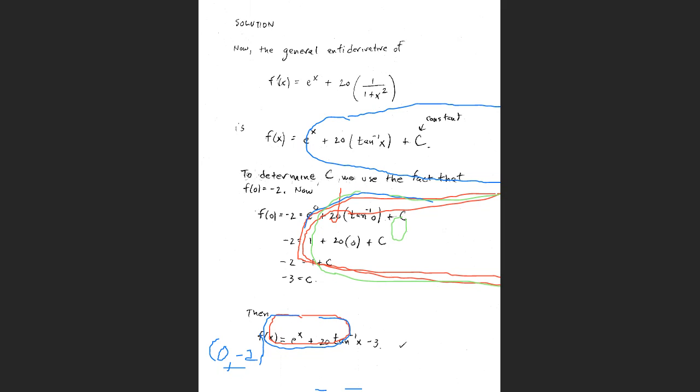The x with the arctangent gets replaced by 0. Okay, and I will get this equation. e to the 0 is 1. The arctangent of 0 is 0 because the tangent of 0 equals 0. So this allows me to solve for my constant, and the constant will equal -3.